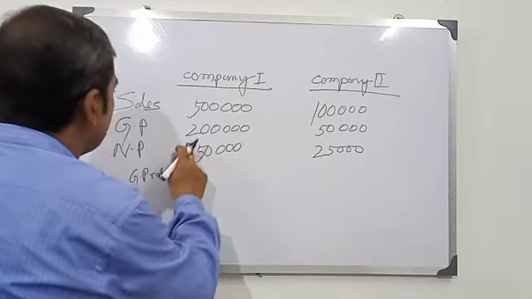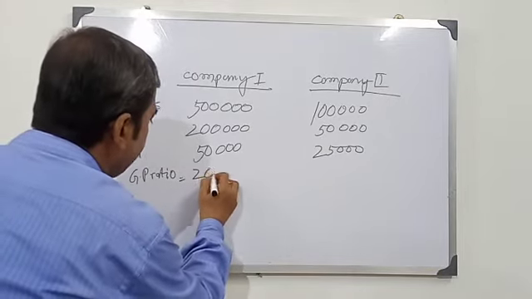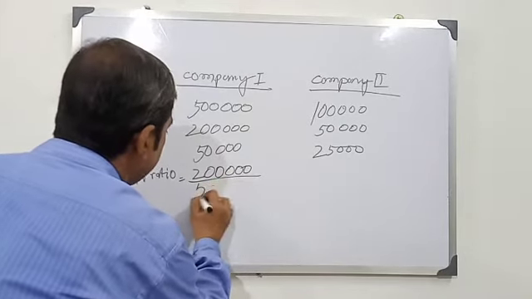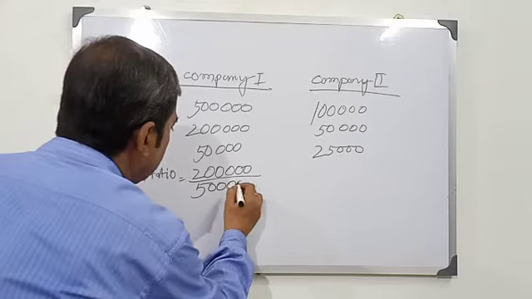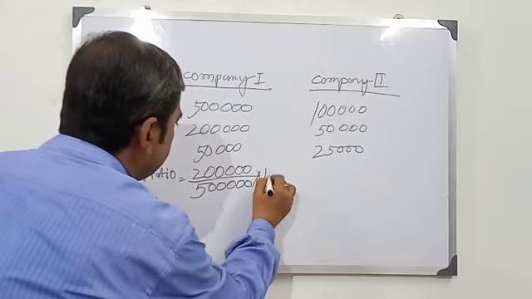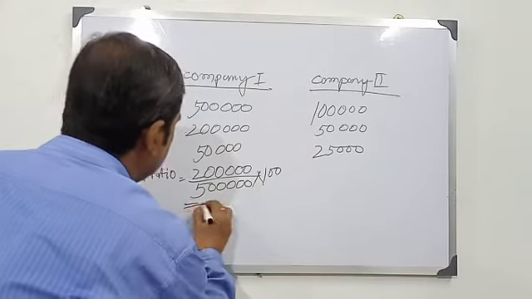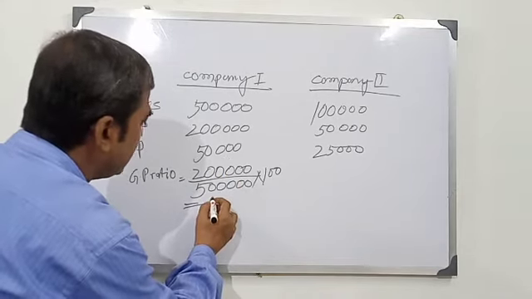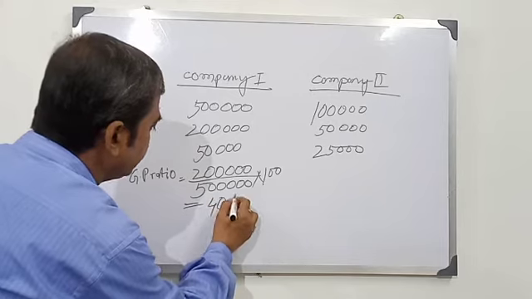Company 1's gross profit is 2 lakhs divided by 5 lakhs into 100, which is 2 by 5, so 250 into 100 is only 40%.